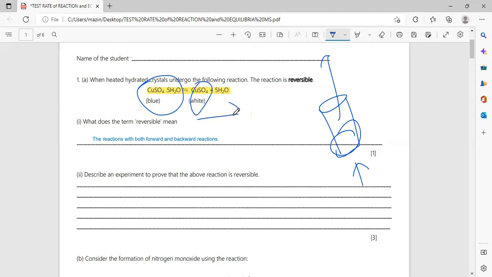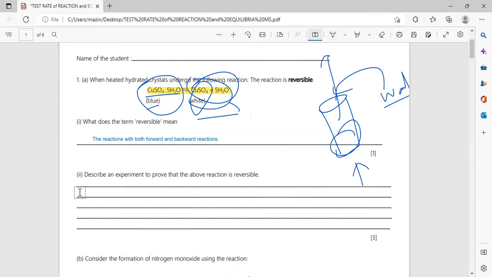This is the forward reaction. Then for the backward reaction, add some water again. When water is added, the backward reaction occurs, and these two combine to form this again. The evidence is that the crystal will turn blue again.